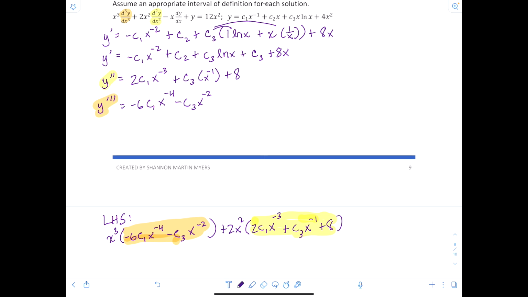And then minus x times that first derivative, which was negative c1 x to the negative 2 plus c2 plus c3 ln x plus c3 plus 8x.